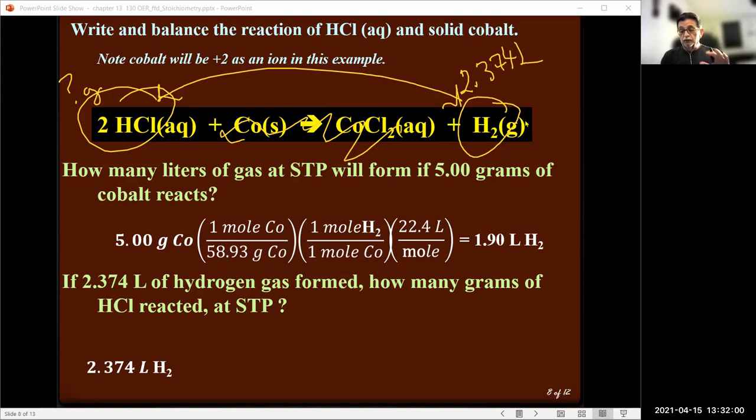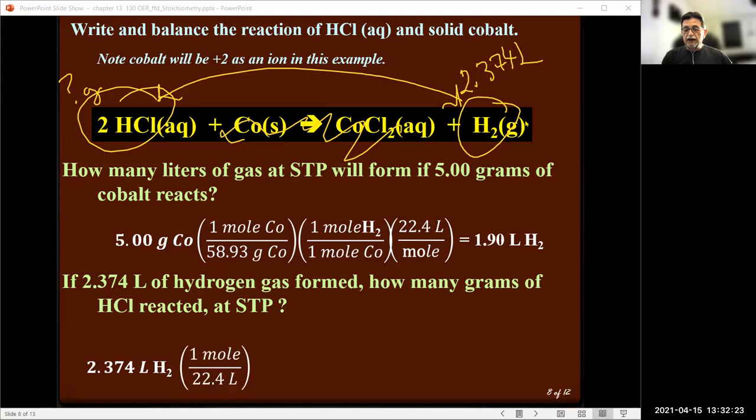It's stated in the question that we're at STP, which is good because we can convert that liters of hydrogen gas to moles. If STP was not even stated at all, let me emphasize, you cannot go any further, okay?